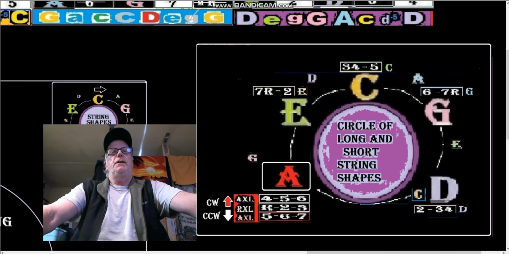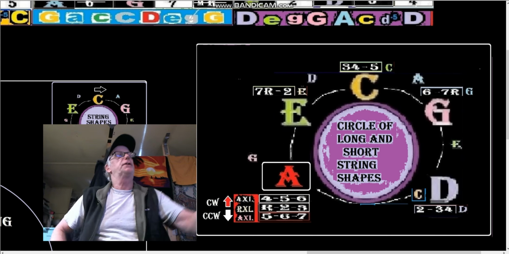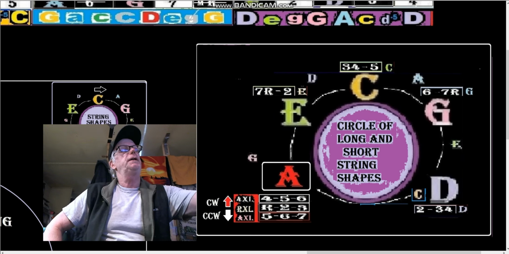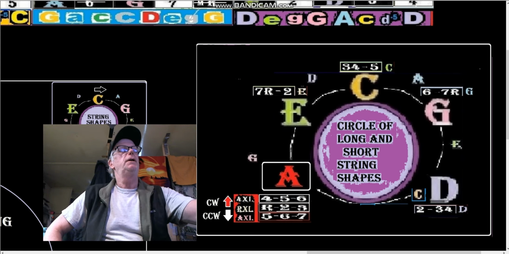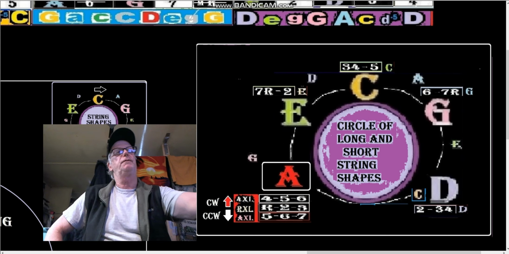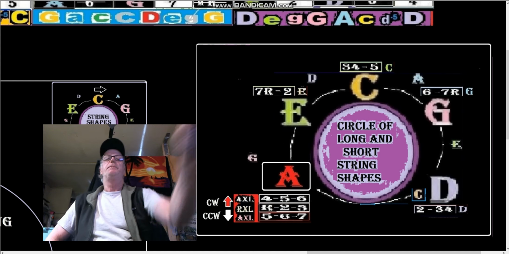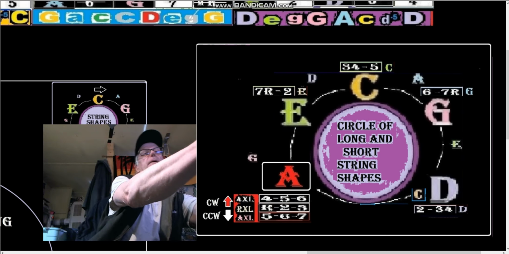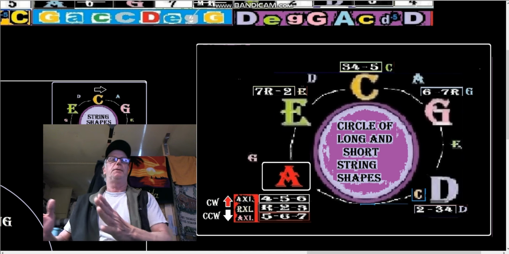So the pentatonic scales created a structure, and that structure became, when you put the pentatonic scales together, starting from low E: 3, 5, 6, root, 2, and then 5, 6, root, 2, 3, and then 6, root, 2, 3, 5, and then root, 2, 3, 5, 6, and 2, 3, 5, 6, root. Those inversions, if you do the pentatonic scale all the way up the line, became the CAGED system as you go up the line from C.